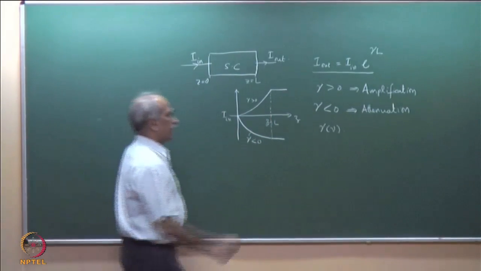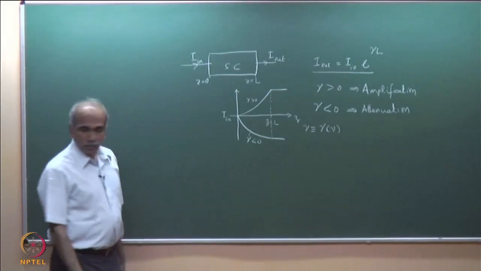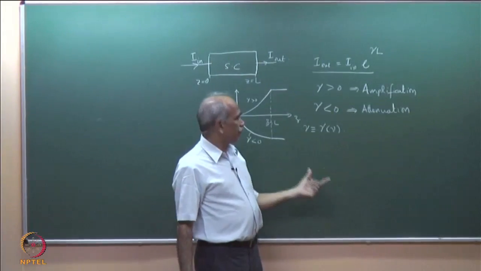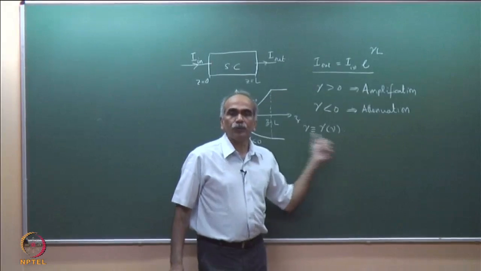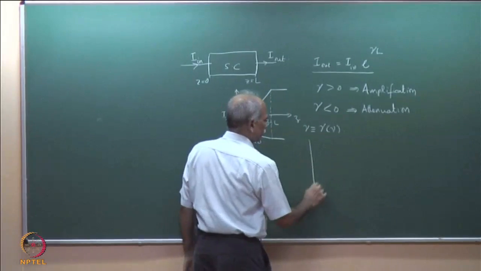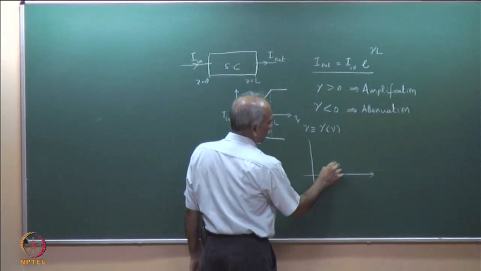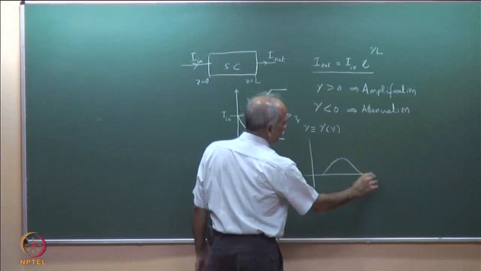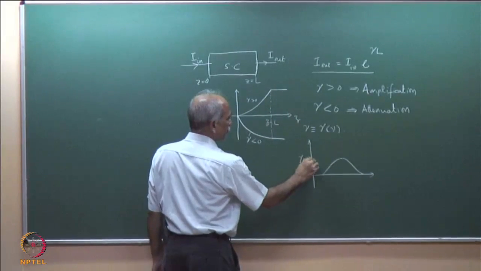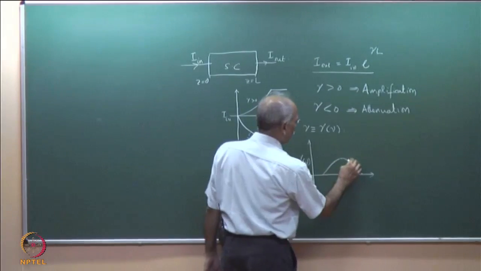Therefore, the absorption spectrum or gain spectrum refers to the dependence of gamma on nu, and we have seen that if you plot gain versus nu, it approximately behaves something like this. So, this is gamma of nu, the gain profile.